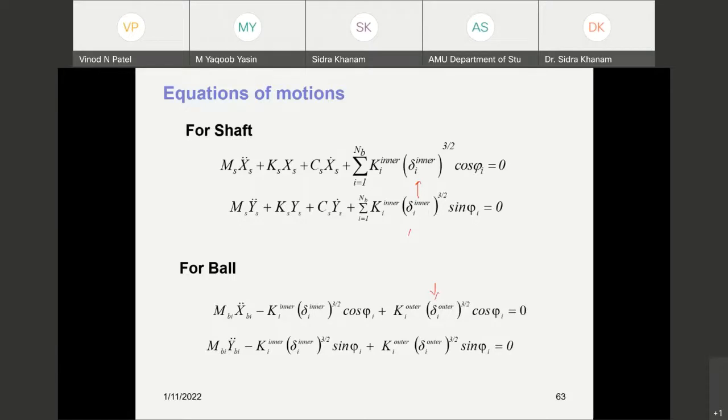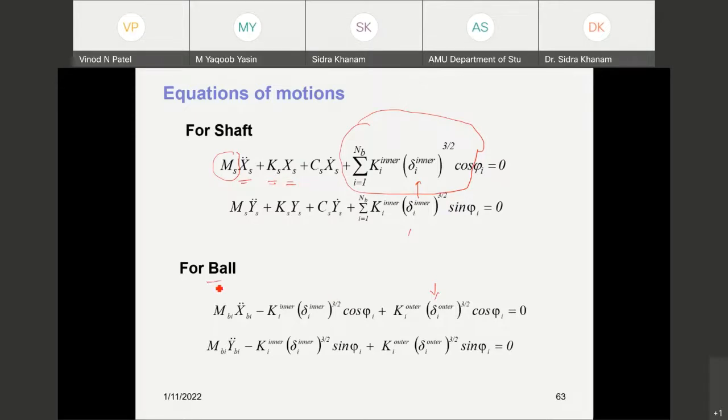So the total deflection will be considered at this part of the ball, and in the same way in the bearing. If we want to derive the equation of motion, this part provides the shaft masses and acceleration, the stiffness of the shaft, then displacement, and this part is for the contact of the ball and the inner race.